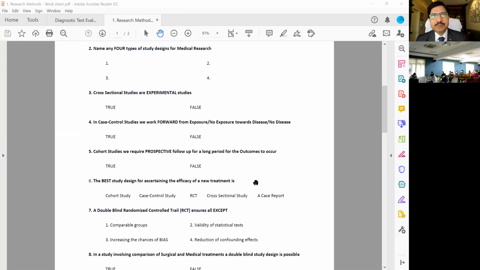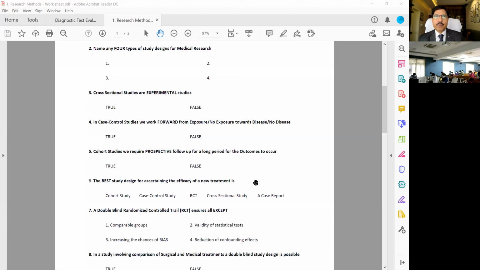It is unethical. So in causation, usually, experimental studies are not possible. In treatment, they are possible. Standard treatment versus new treatment, lower dose to higher dose, two interventions versus one intervention, surgical versus medical, all these can be possible. Whereas in causation, usually experimentation is not possible.